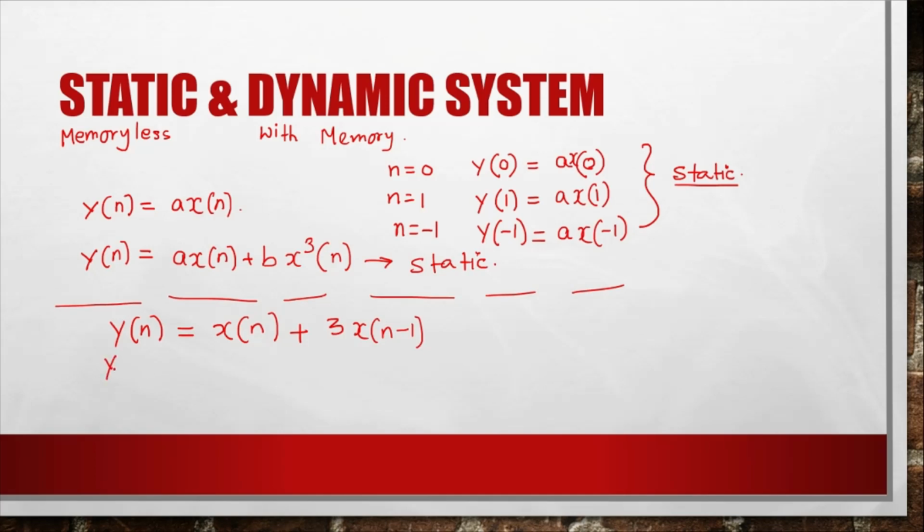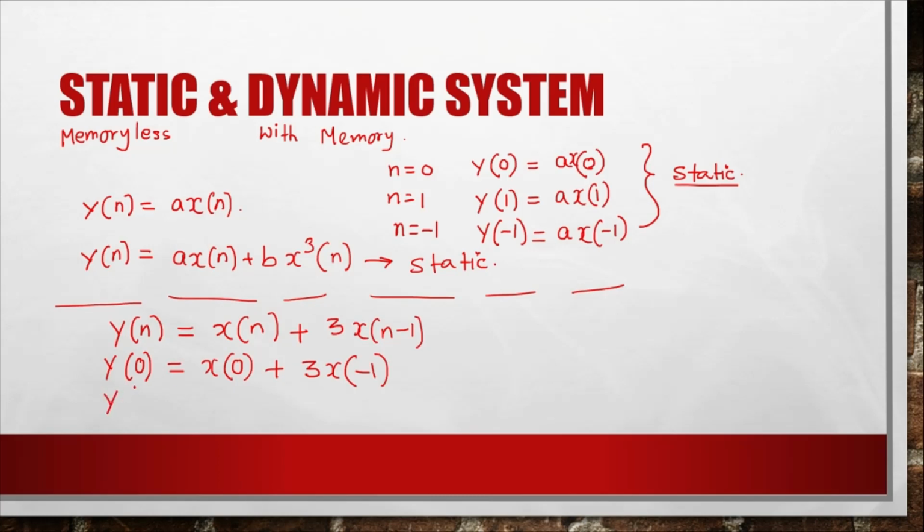So if I take the value of y at n equal to 0, this input is on this same instant input, and we are getting another input which is actually on the previous value. It is dependent on a previous sample sequence.